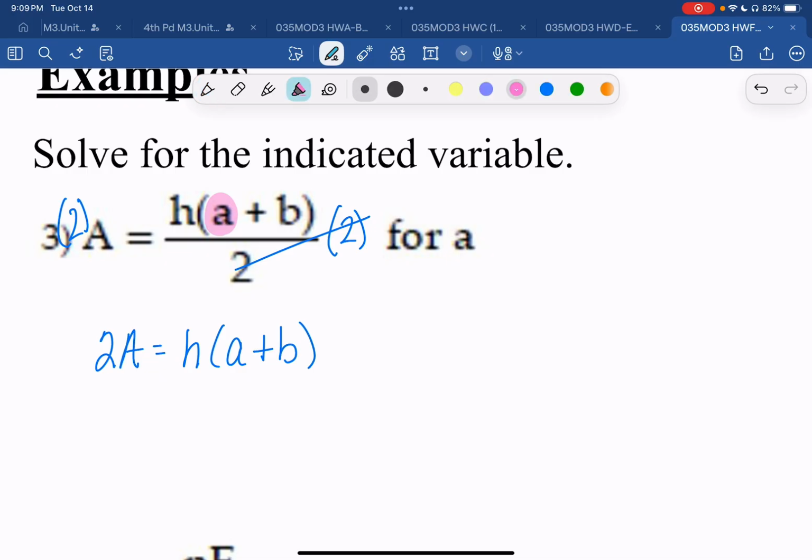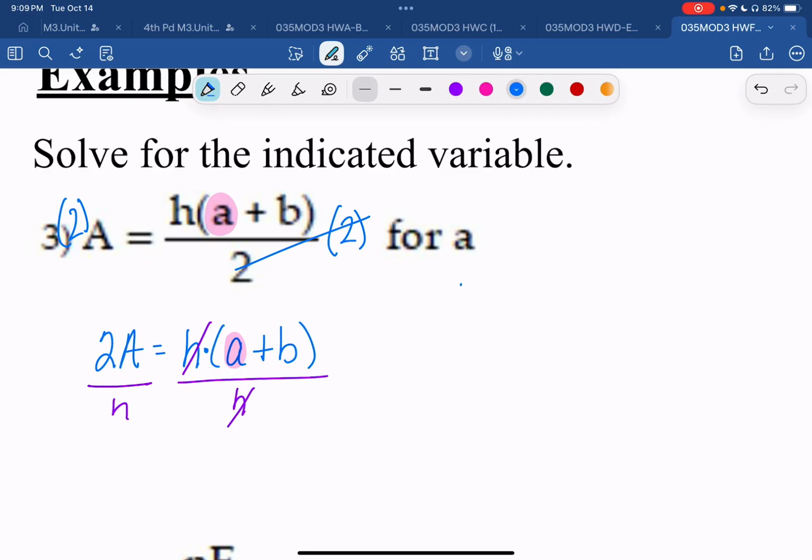All right, I'm still trying to work my way to this A. That H is in the way, so let's get rid of it. This is saying H times (A plus B). So I'm going to divide by H because that will go away.